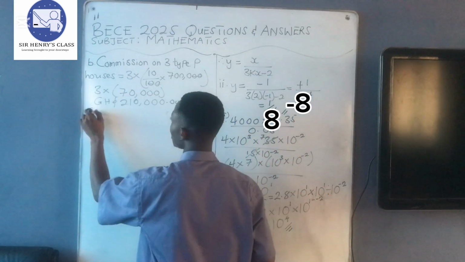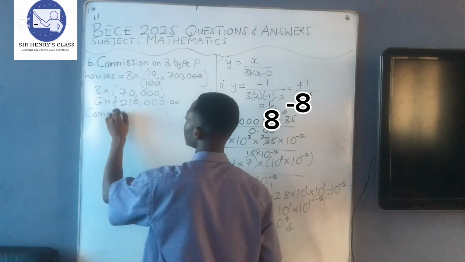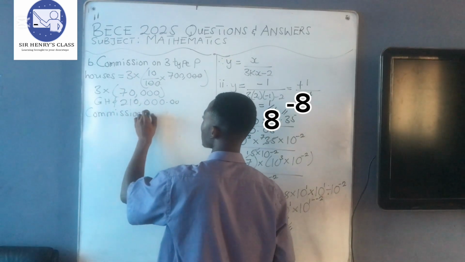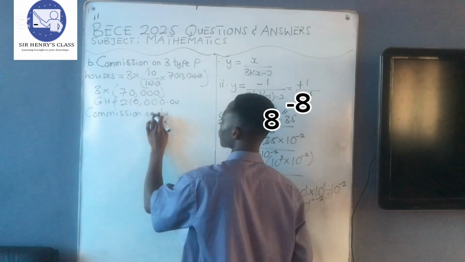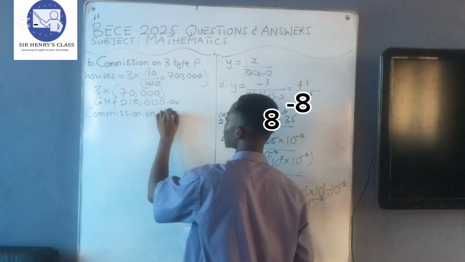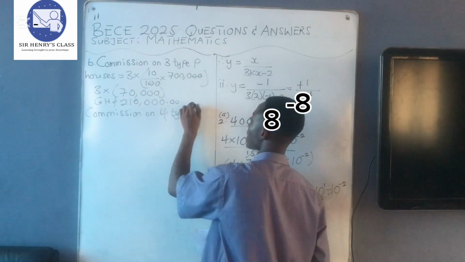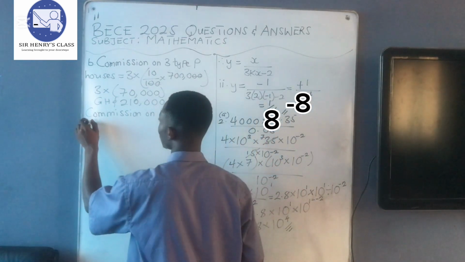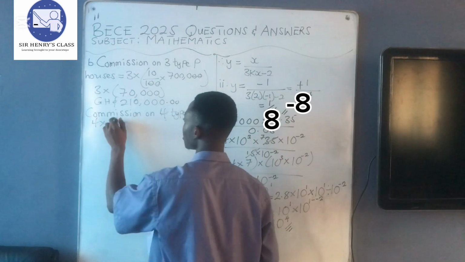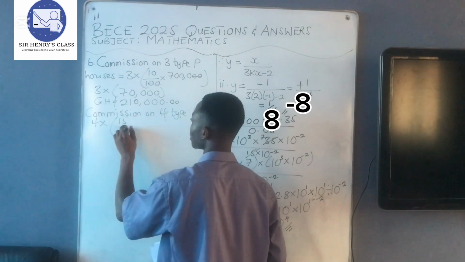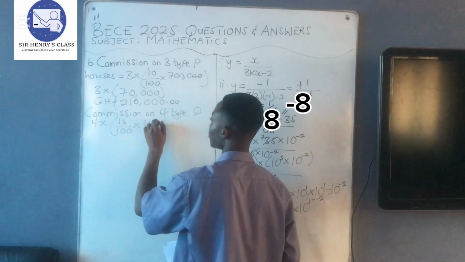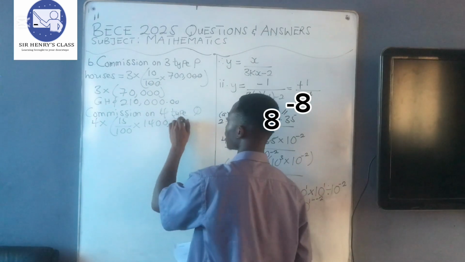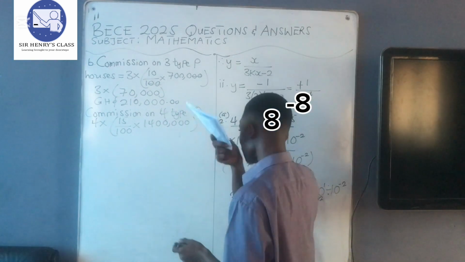Now let's look at commission on type K. So commission on 4 type K is also 4 times. Here he enjoys 15% commission, and the total sale is 1,400,000.